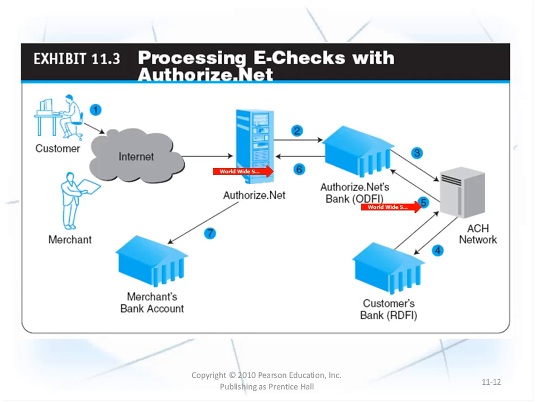This process comes back to authorize.net, and then authorize.net will pay the merchant's bank account. So money goes from the customer to these third parties until it reaches the merchant's bank account.